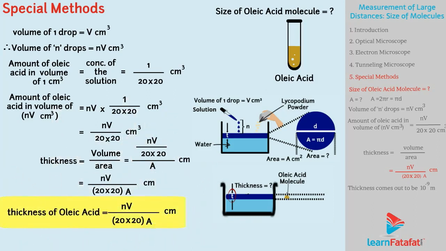Thus, the thickness gives the diameter of an oleic acid molecule. Approximately, this thickness comes out to be 10 raised to minus 9 meters.